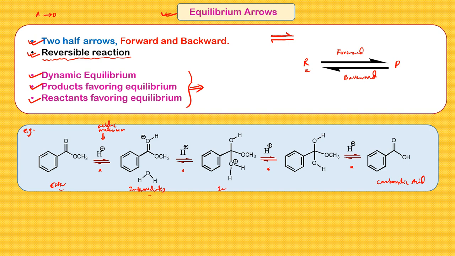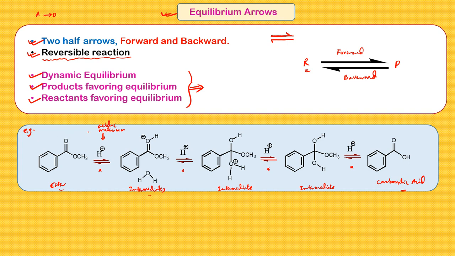This is another intermediate, and this is the third intermediate. For example, in this case the ester is getting protonated, followed by subsequent attack of the water molecule, and finally we are getting the carboxylic acid.